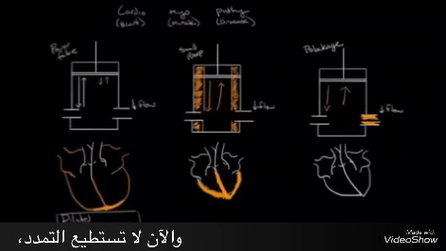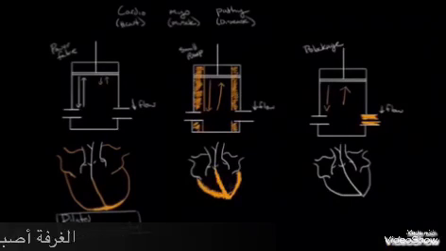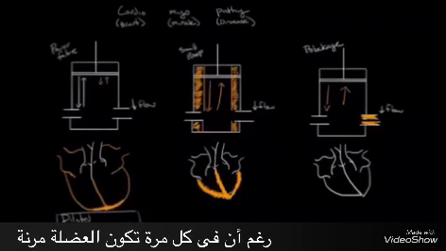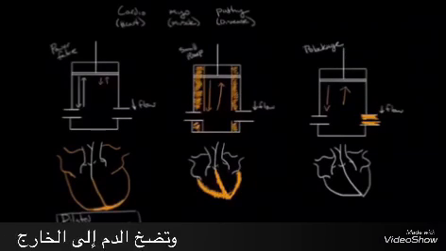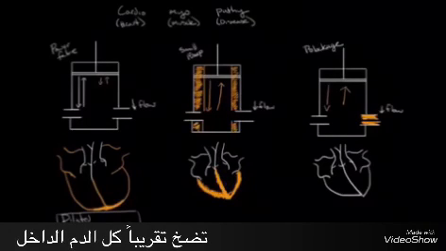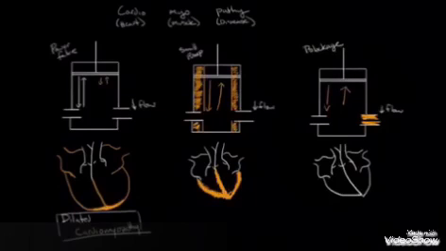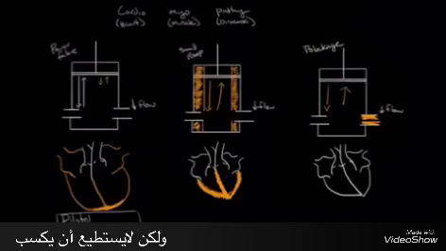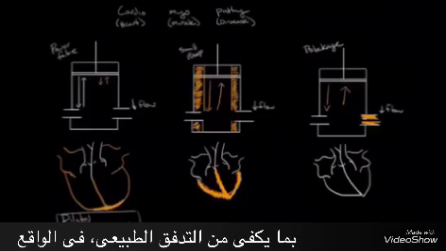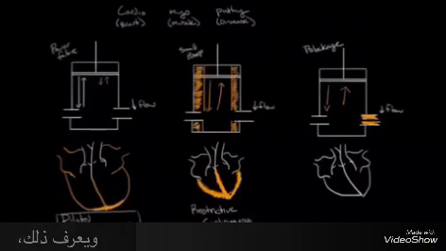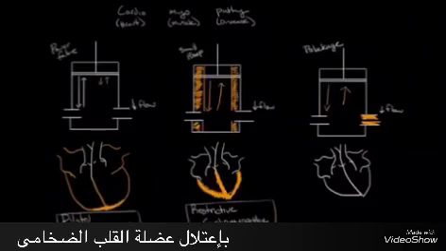Now that it can't dilate out, the chamber effectively becomes smaller. So even though every time this muscle flexes it pumps out almost all of the blood contained in these ventricles, it's not able to bring enough in to have a normal flow out. And this is known as restrictive cardiomyopathy.